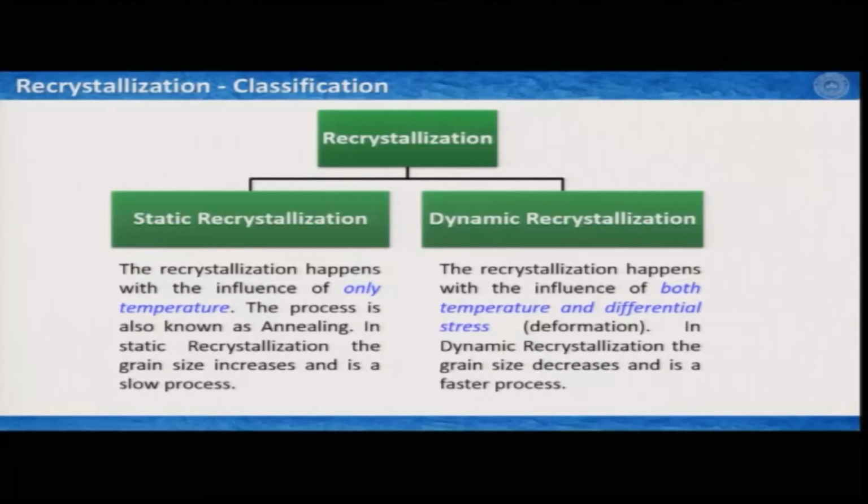There is also another subcategory of recrystallization other than static and dynamic, known as metadynamic recrystallization. After the dynamic recrystallization, if you have static recrystallization, and then again if the cycle continues, what happens in between is known as metadynamic recrystallization. We are not going to that part right now.